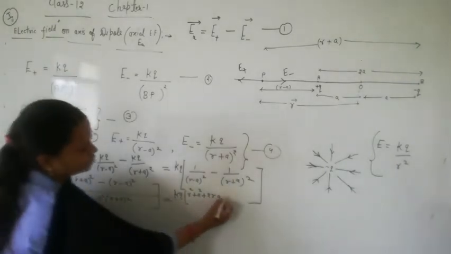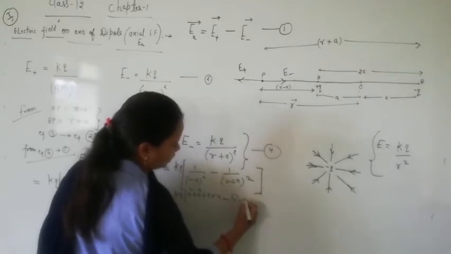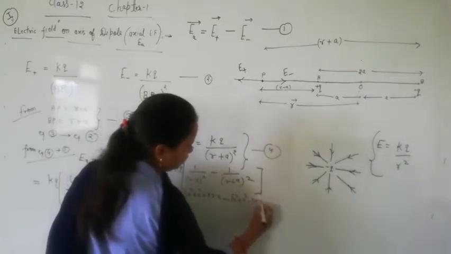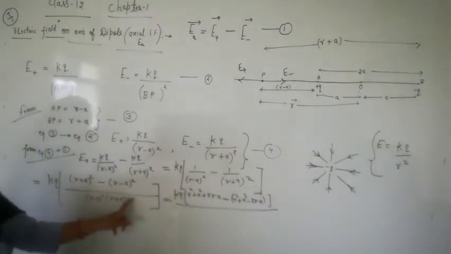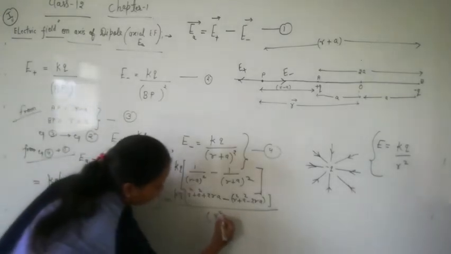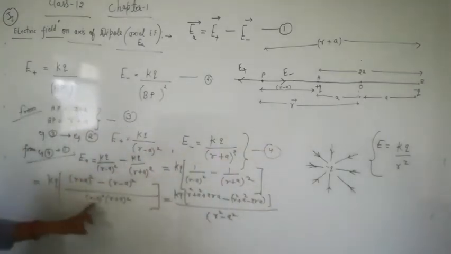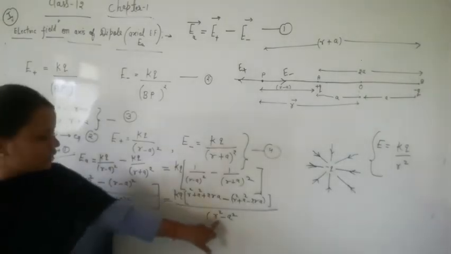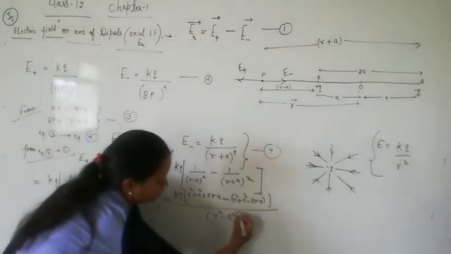The negative sign is here, so minus (r square plus a square minus 2ra), divided by the denominator. Here the whole square is of (r minus a) and (r plus a). We combine (r plus a) and (r minus a) with the formula r square minus a square, similar to (a plus b)(a minus b) equals a square minus b square, and the whole square is here.